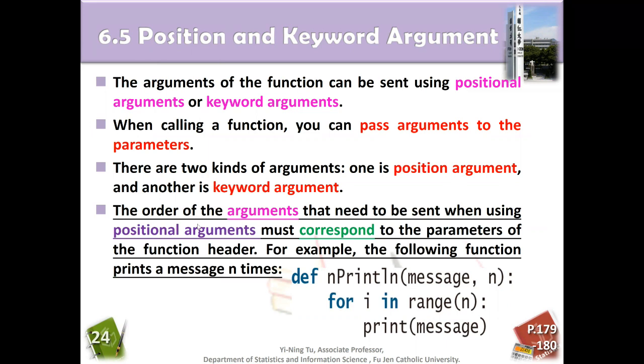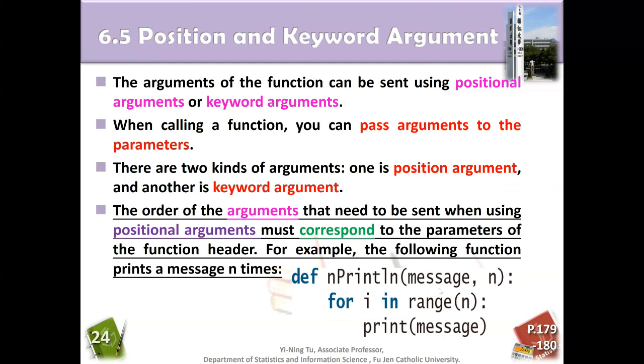The order of the arguments sent when using positional arguments must correspond to the parameters of the function header. For example, the following function prints a message n times. This is a function, we call it nPrintln, right? There are two parameters, one is the message and the other one is n.